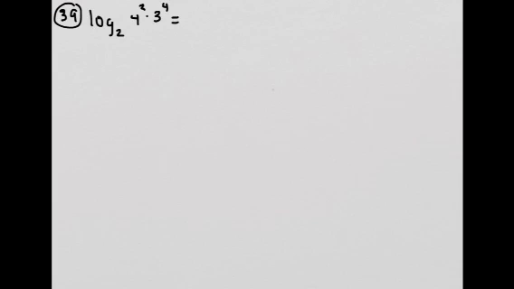So for 39, you have to use the properties of logs and simplify as much as possible. Alright, so first thing I'm going to do is, because I see this is the log of a product, I'm going to break it up into the sum of two logs. So log base 2 of 4 squared plus log base 2 of 3 to the 4th.